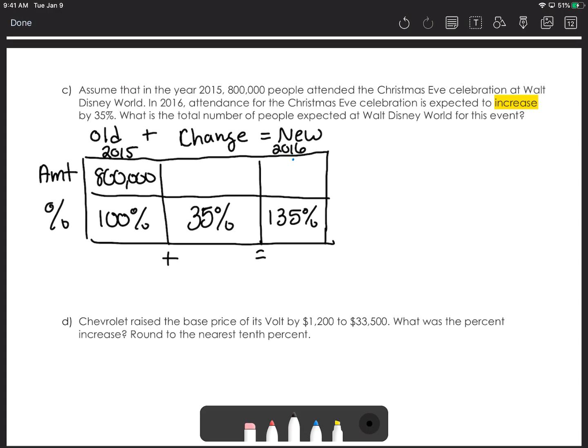Now it says, what is the total number of people expected at Walt Disney World? And that's asking about the 2016 number. So we're looking for this amount here. So we always use the old column, and then depending on what we're looking for, we'll use that new value, or the new column, as the second value.